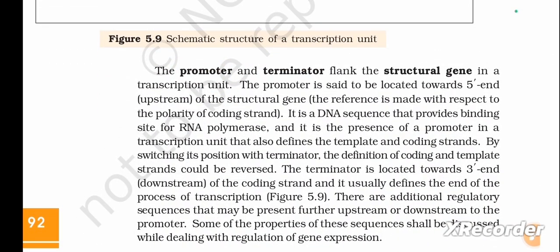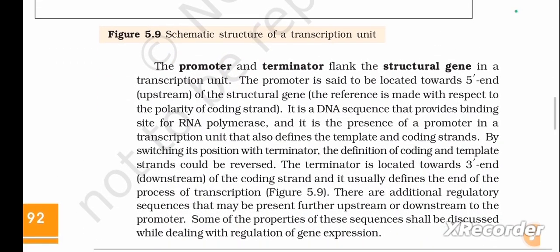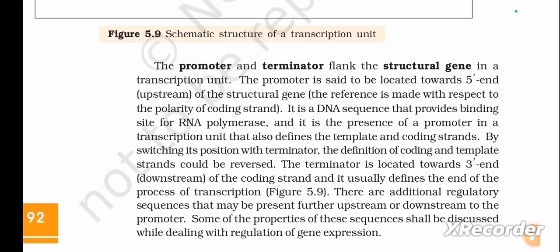The promoter and terminator flank the structural gene in a transcription unit. The promoter is said to be located towards 5' end, upstream of the structural gene. The reference is made with respect to the polarity of coding strand. It is a DNA sequence that provides binding site for RNA polymerase, and it is the presence of a promoter in a transcription unit that also defines the template and coding strands.